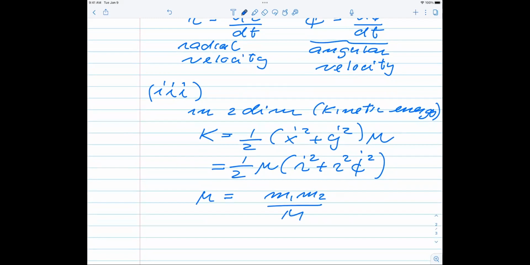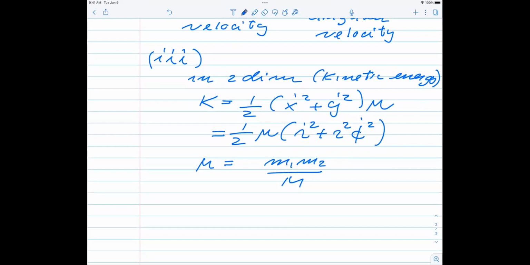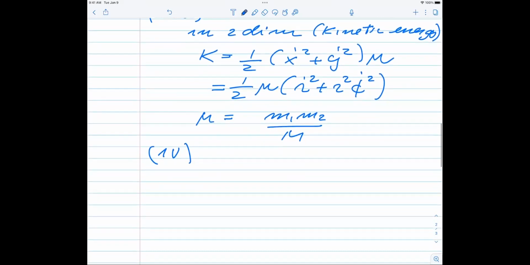So last week was a kind of technical week where we needed to go through several of these small technicalities. Then the other thing which we derived last week was actually the differential equations which we need to solve. So we had a differential equation for the angular velocity. And since angular momentum is conserved, this is equal to angular momentum divided by r squared.